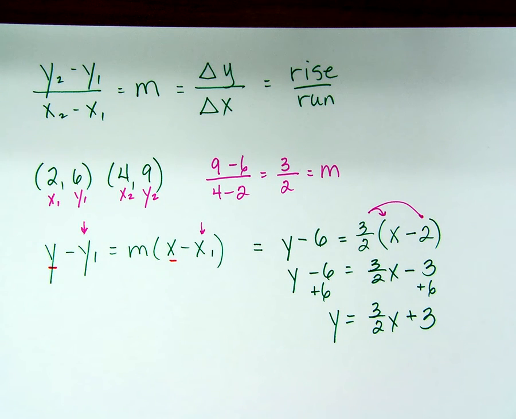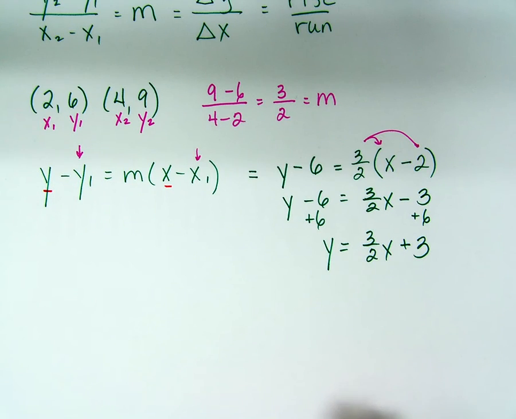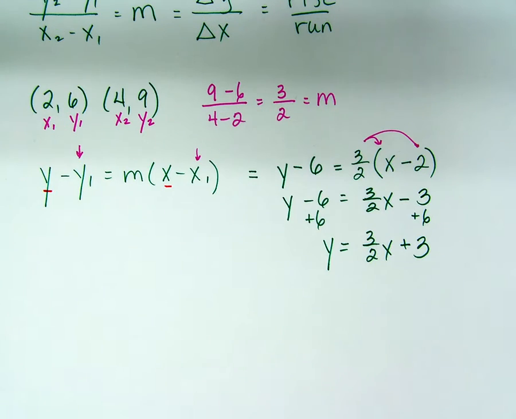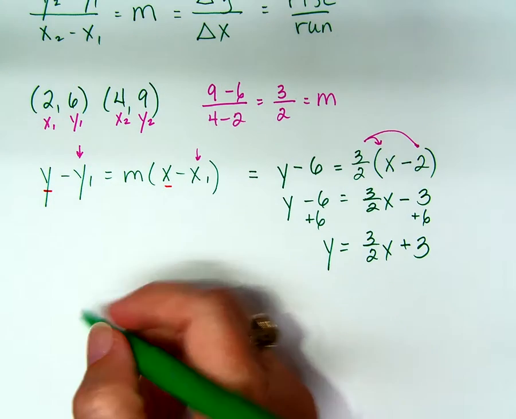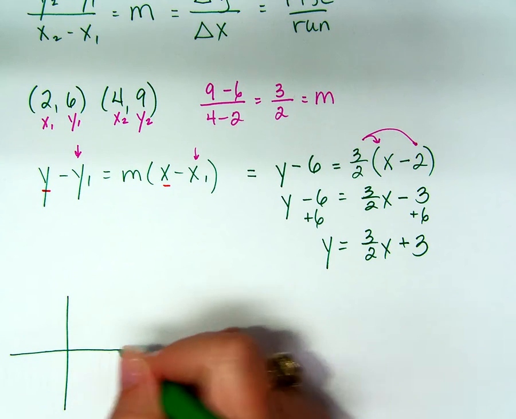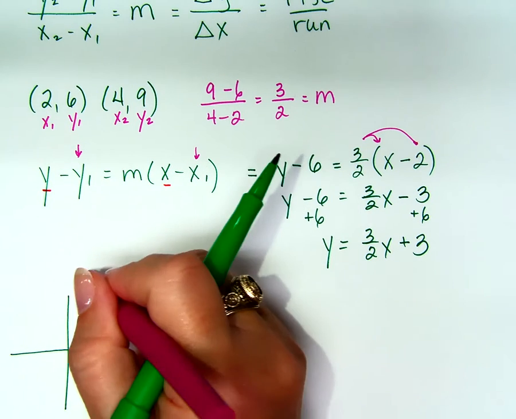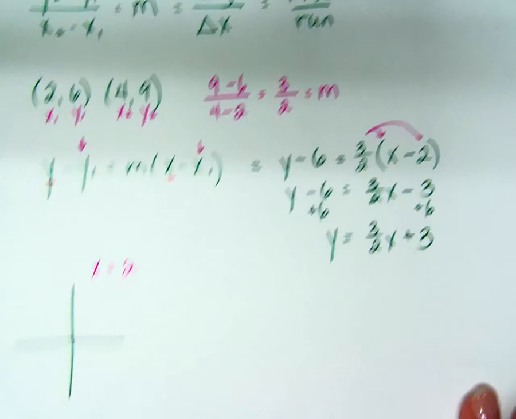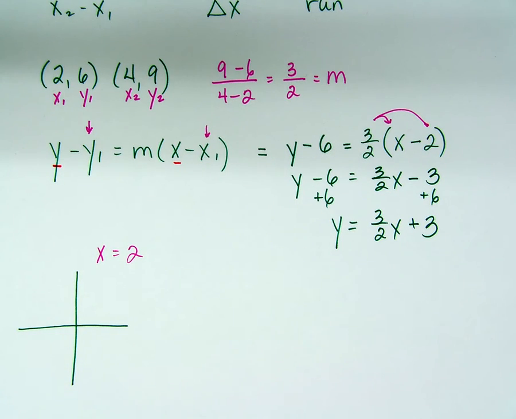Okay? Now our next objective is graphing horizontal or vertical lines. The thing I want to remind you about horizontal and vertical lines is if I ask you to graph the line x equals 2, that is the equation, but it's also telling me where the line is.